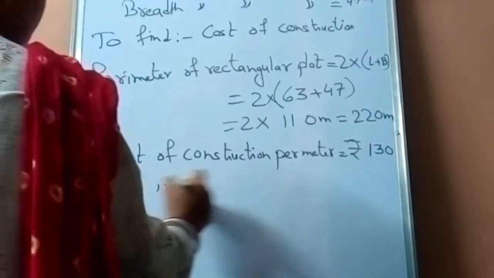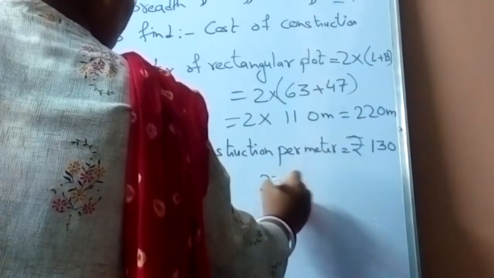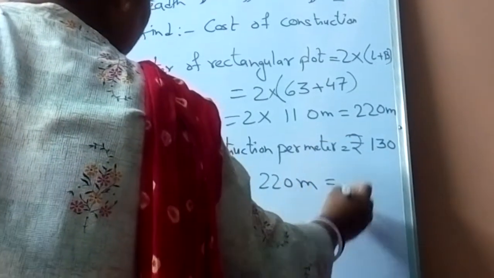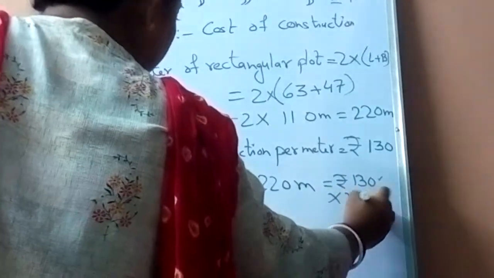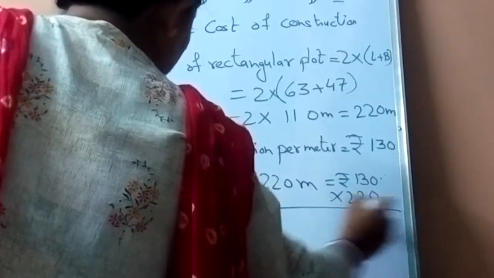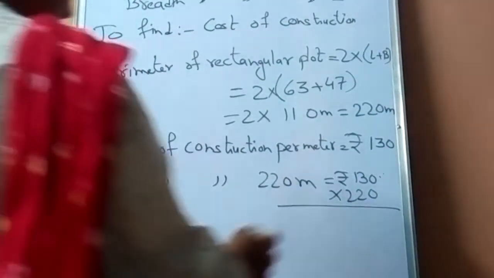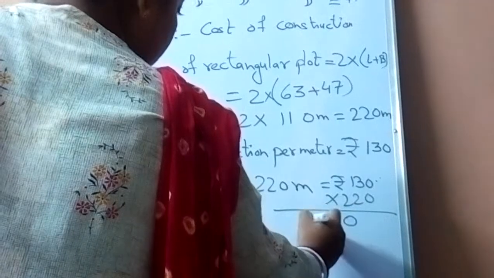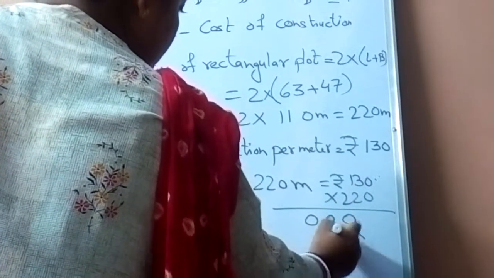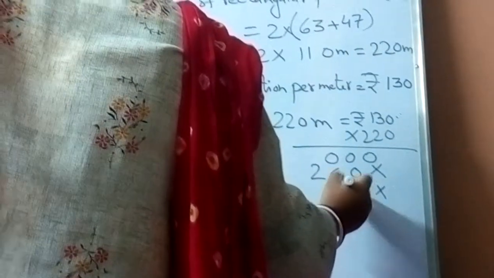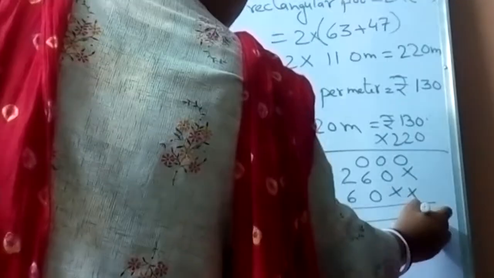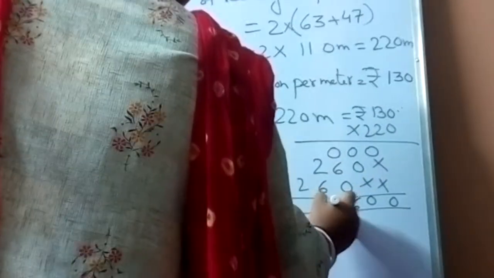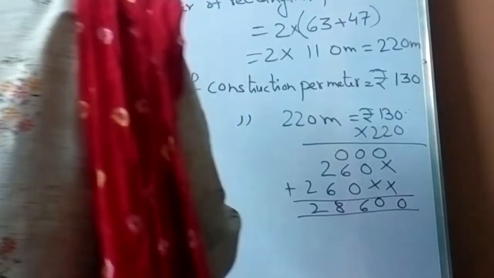Therefore, cost of construction for 220 meter, you will multiply rupees 130 into 220. So multiply it. 0 zeros are 0, 0, 0. Then with 2, 2 zeros are 0, 2 threes are 6, 2 ones are 2. Then again with 2, 2 zeros are 0, 2 threes are 6, 2 ones are 2. So adding will give you 0, 0, 6, 8 and 2.